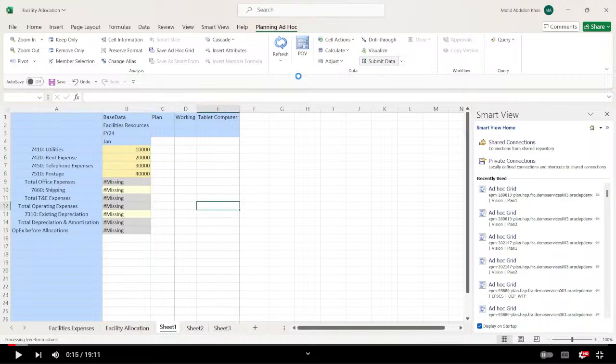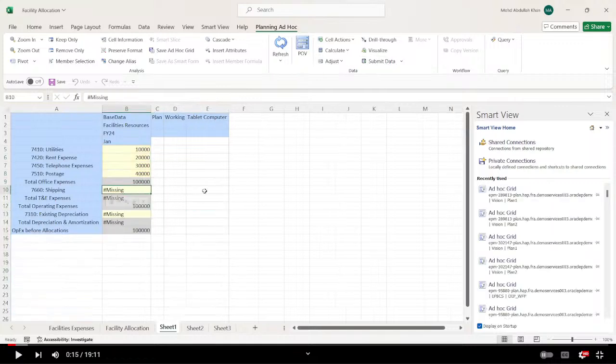Submit the data. Shipping cost, let it be 15,000, and depreciation be 25,000. So we'll get a round figure. If I add all these things, including 25,000 from depreciation and amortization, total operating expenses, I would get 1,40,000, which equals operating expense before allocation. So this is clear, right?